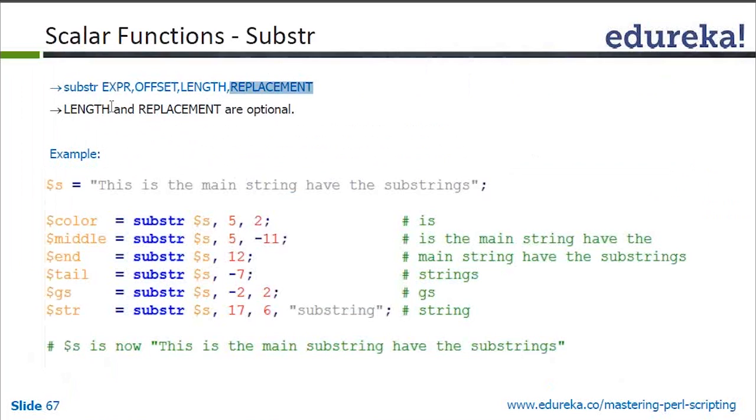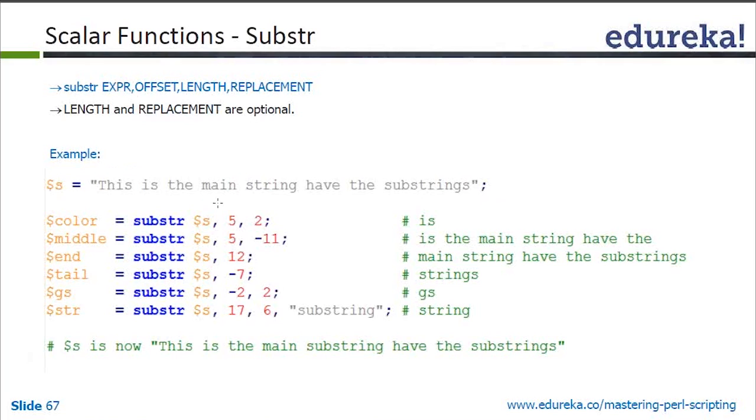If you want to take a subset from some string, you give where to start and how much you want to get. So if you want to get from the 5th to the 7th location, you can get the expression up to that location. But if you put the replacement and length, it will replace that part of the string with some value.